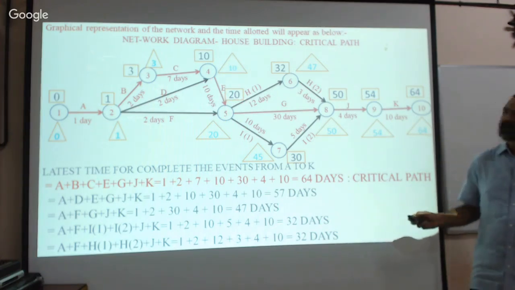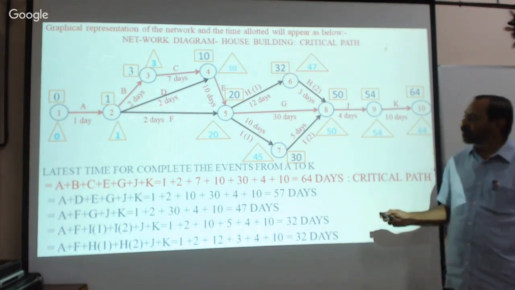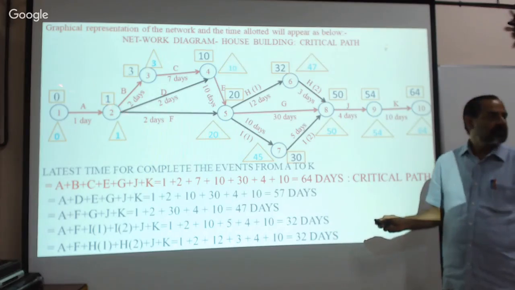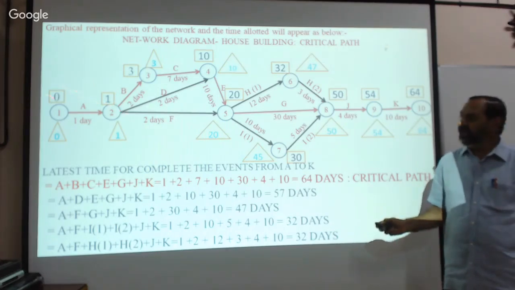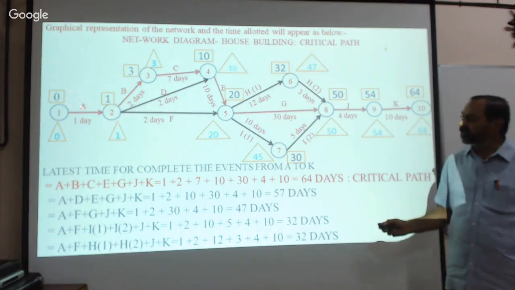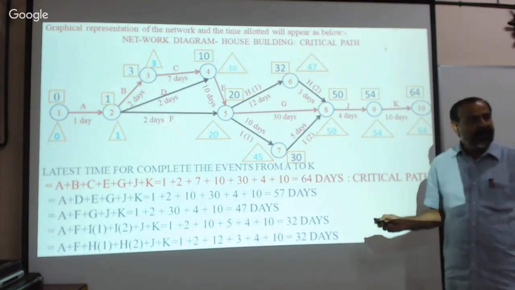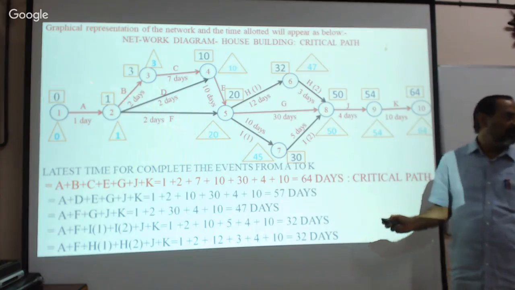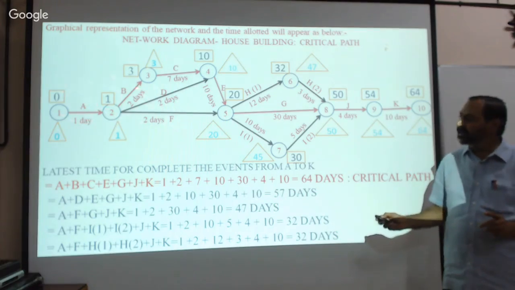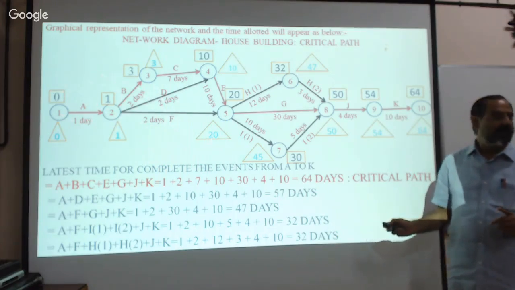See this activity, activity F, when will you start it? After activity A is completed, we can start activity B, activity D, then activity F can also be started. Immediately after completing this first activity, we can start these 3 activities simultaneously.